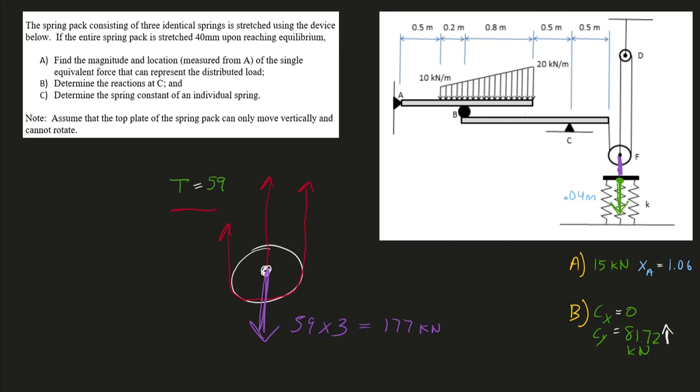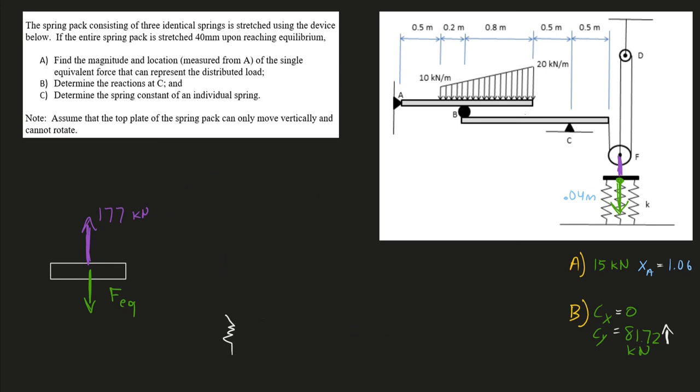So I'm going to do a free body diagram on this top plate right here. That purple rope is going to be pulling. Rope's going to only pull, so it's going to pull up with 177. And below that, I'm going to say we have the force from the equivalent spring going downwards.